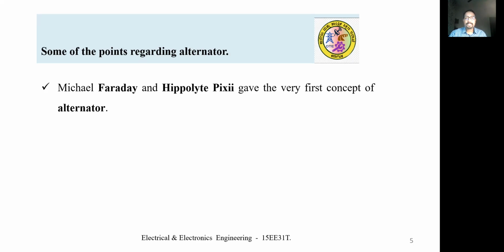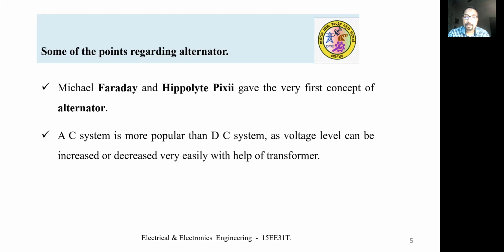These are the two great men who suggested the very first concept of the alternator. Here we also cannot forget the contribution given by Nikola Tesla, who suggested the concept of alternating current. But in particular, the two great persons who suggested the alternator are Michael Faraday and Hippolyte Pixii.